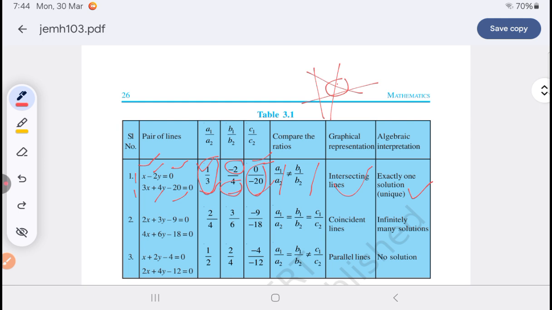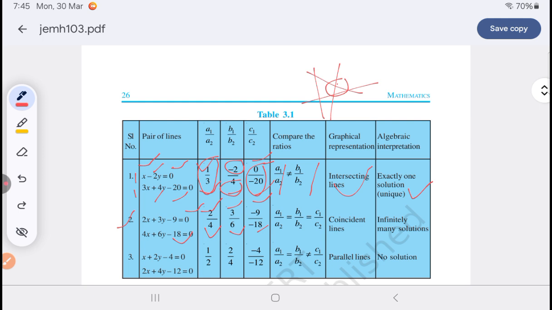Now next, explore the second pair of equations: 2x plus 3y minus 9 equal to 0 and 4x plus 6y minus 18 equal to 0. Similarly to the above equations, you have to do it for this pair too. So a1 is 2, a2 is 4, b1 is 3, b2 is 6, c1 is minus 9, and c2 is minus 18.